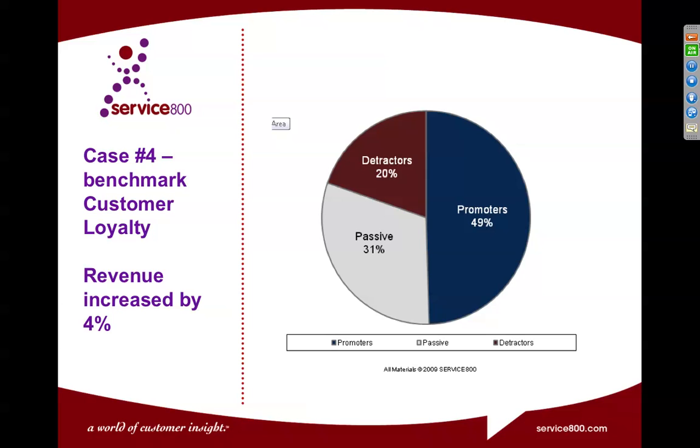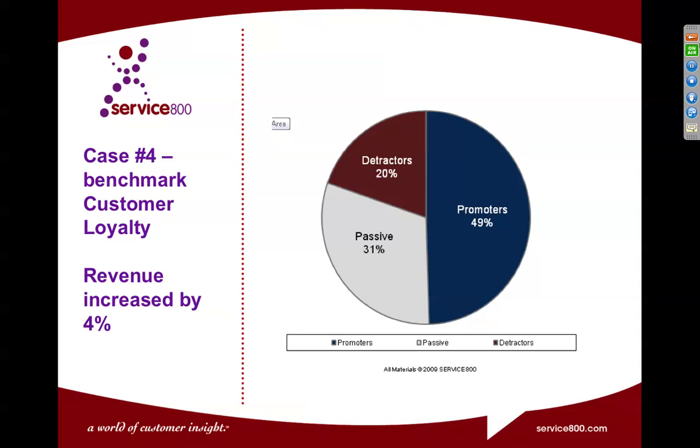By taking this information and using NPS benchmark studies, this organization was able to focus on those individuals they put in the detractor group, those that scored 0 to 6, and place their resources on improving the expectations and service experiences of those individuals.